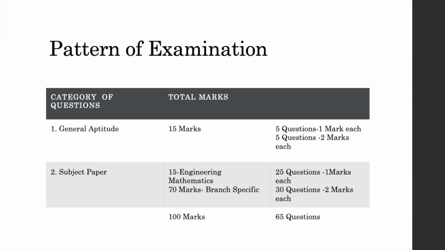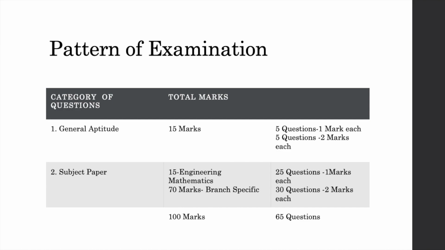Moving ahead to the subject paper. In the subject paper, we have engineering mathematics of 15 marks and 70 marks for the branch specific paper. So total questions here are 25 questions of 1 mark and 30 questions of 2 marks each. So that will make us 30 plus 25 questions, that is 55 questions, and of general aptitude 10 questions, that makes 65 questions.